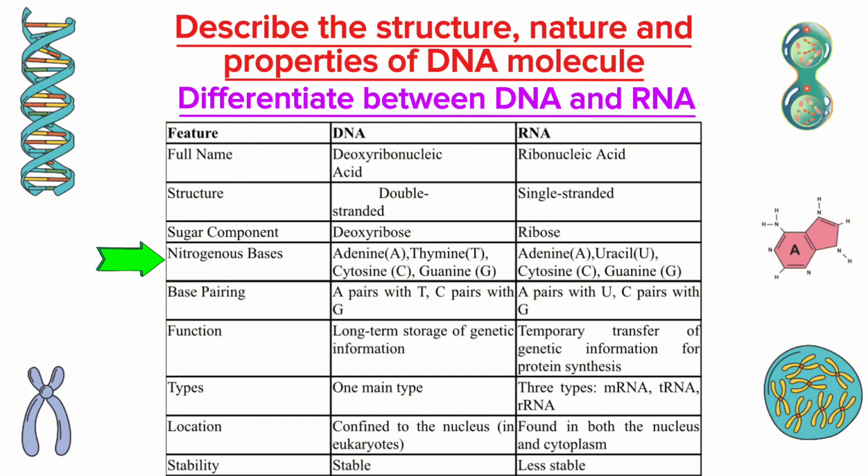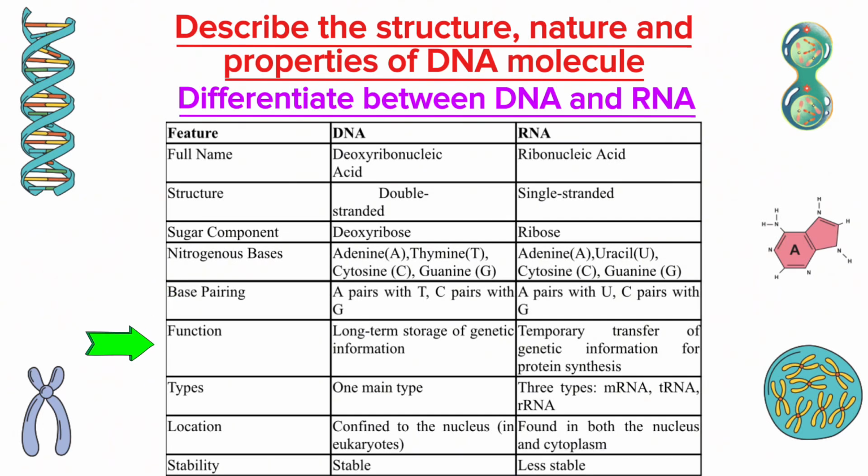Nitrogenous bases in DNA are adenine, thymine, cytosine, and guanine, while nitrogenous bases in RNA are adenine, uracil, cytosine, and guanine. The base pairing in DNA, A pairs with T, that is adenine pairs with thymine, and cytosine pairs with guanine. While in RNA, adenine pairs with uracil and cytosine pairs with guanine.